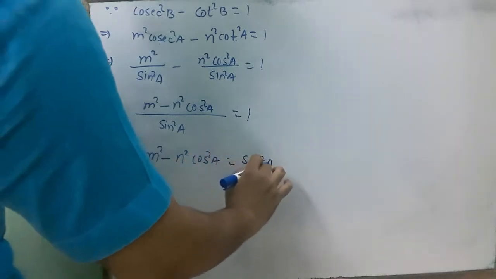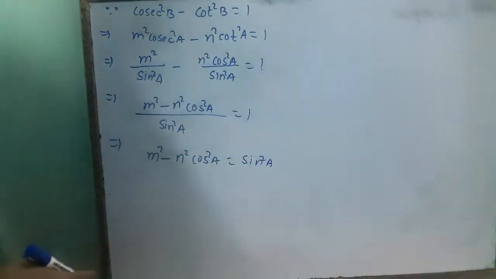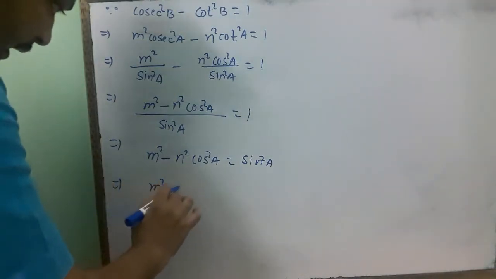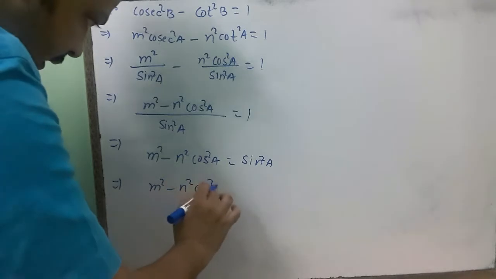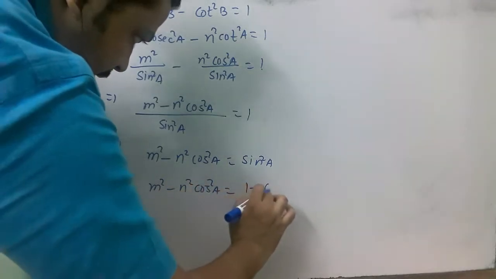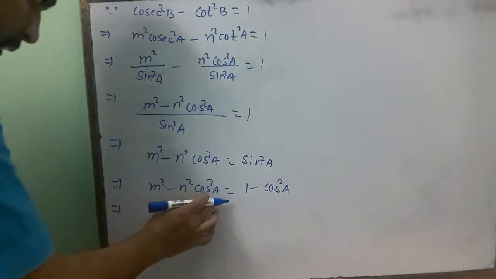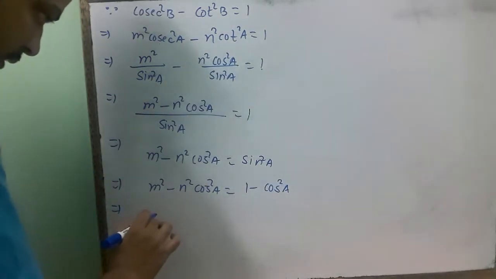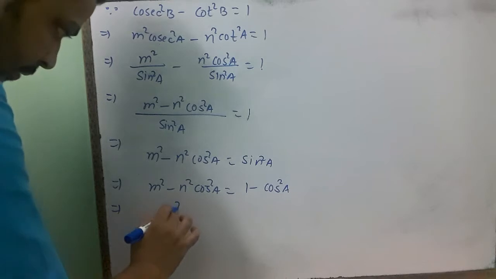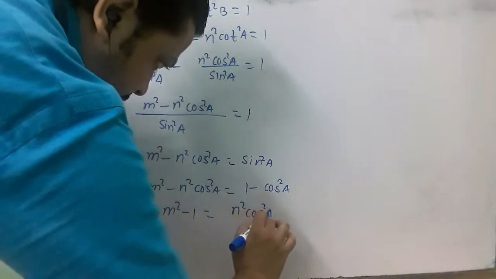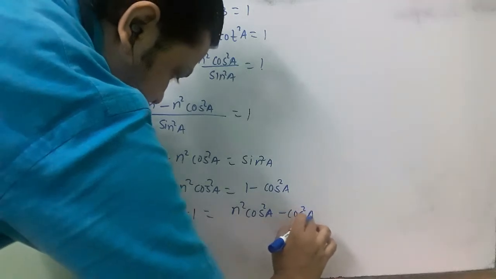So we have to transfer this sine square a in terms of cos square a. For this one, m square minus n square cos square a is equal to 1 minus cos square a. We can transfer this one, so m square minus 1 is equal to n square cos square a minus cos square a.